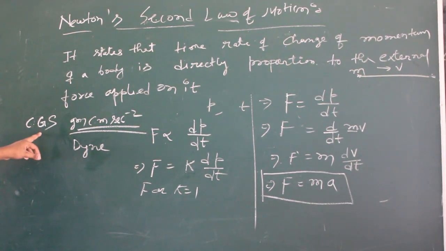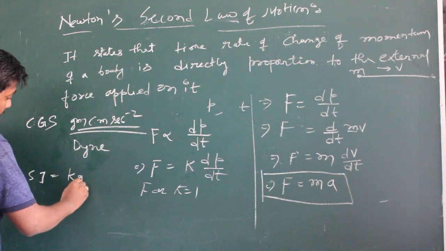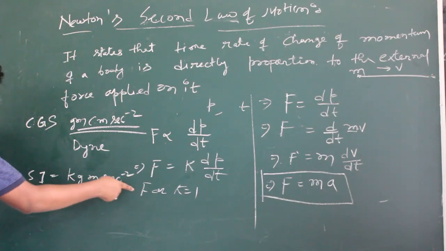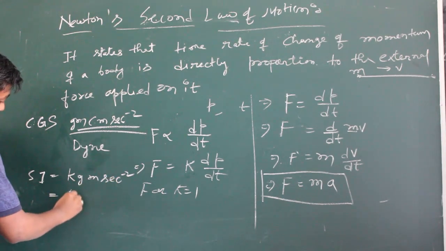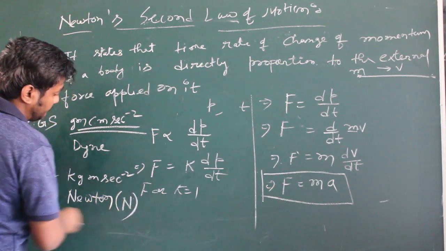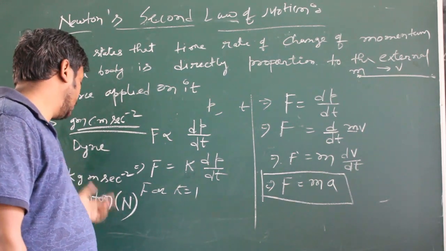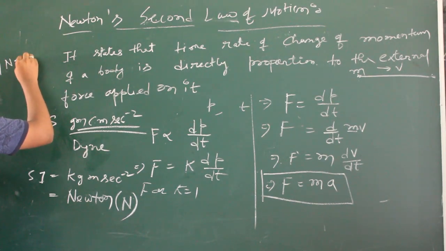So in the CGS system the unit of force is dyne. Okay, so in the SI system, what is the force unit? Kg meter per second square. We write this kg meter per second square as Newton. Okay, Newton. So just do one thing, convert 1 Newton to dyne. How many dynes?